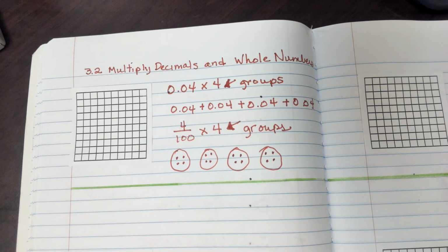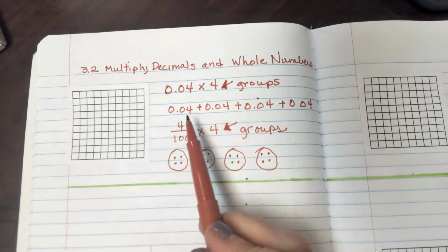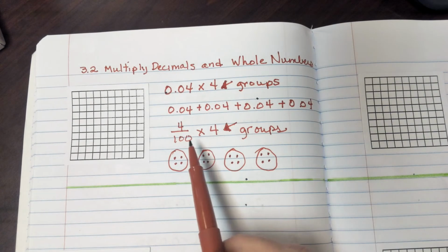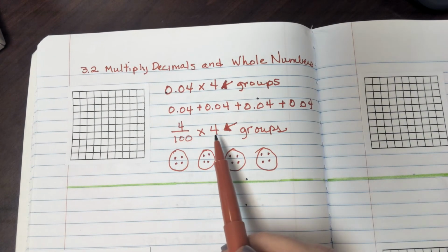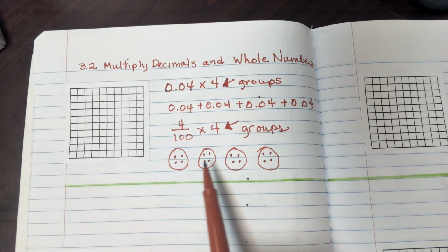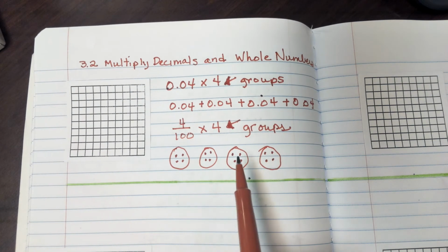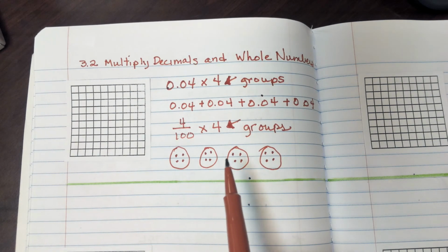So I've modeled it using repeated addition, using a fraction multiplied by a whole number, and showing an example of how we used to do it in 4th grade.